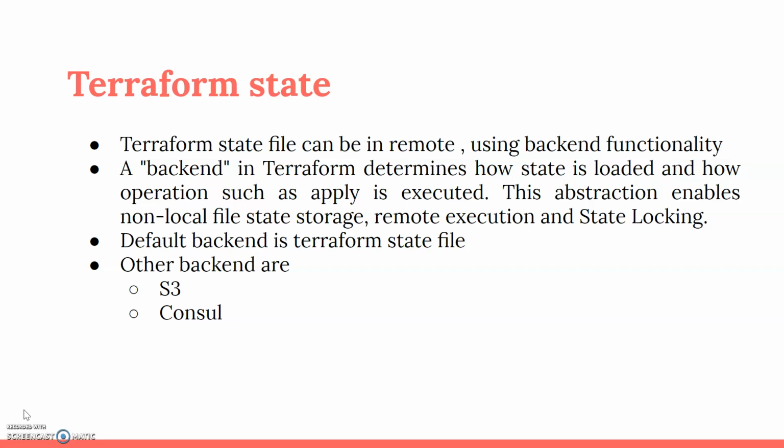For example, if you have created an EC2 instance and it's running, and you went to the console and stopped it manually, when you apply Terraform again, Terraform will start your EC2 instance. It maintains the state based on the Terraform state file.